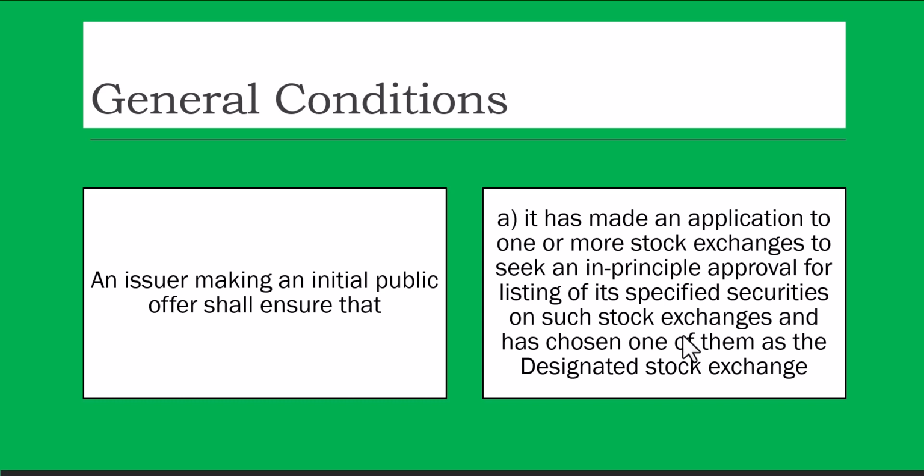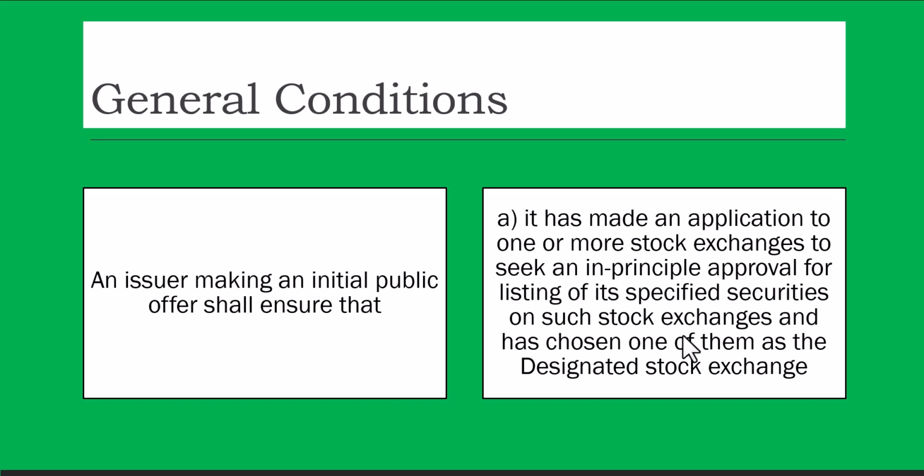So first of all, it has to make an application to one or more of the stock exchanges. In India, we have two stock exchanges, National Stock Exchange and Bombay Stock Exchange. So it can make an application to either of them or both. And if it has chosen both, then it has to make one exchange its designated stock exchange.